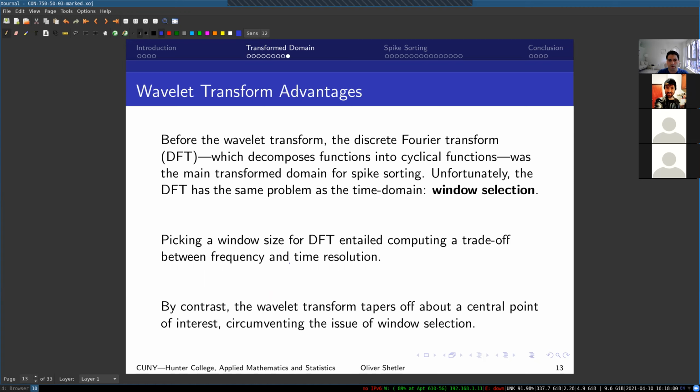So basically, as we can see from these illustrations here, you solve the window selection issue by just saying, okay, the magnitude here is just going to taper off. So I know that as long as I center my approximation about a region of interest, extraneous influences are going to vanish.